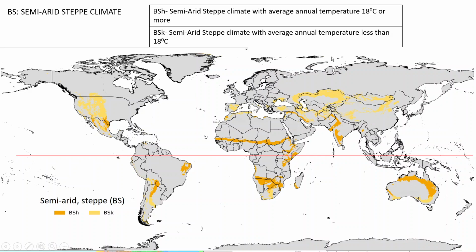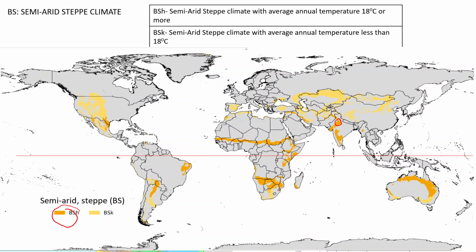So if you see over here in this case, again the central or the mid-latitude regions have the semi-arid type of climate, and BSH is the semi-arid with annual temperature more than 18 degrees. If you see over here, we have parts of Gujarat, central India, and the peninsular part of this place. Plus, we have regions like Punjab, the Delhi region, Rajasthan.